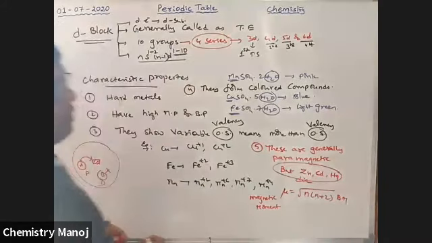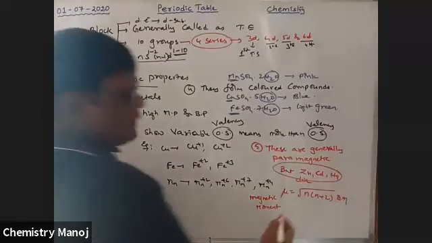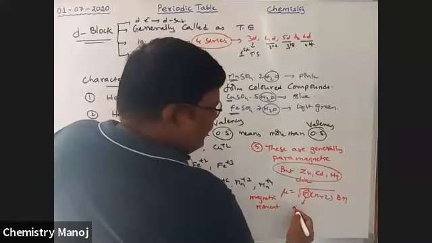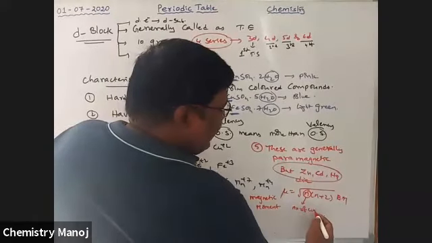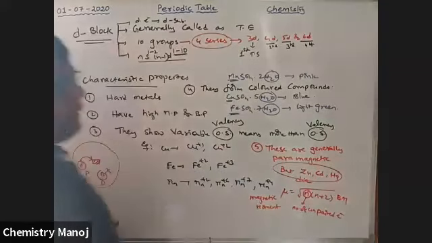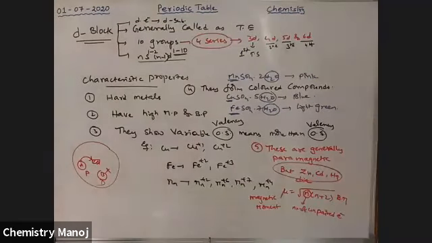Mu is equal to under root n into n plus 2, where n is equal to the number of unpaired electrons.